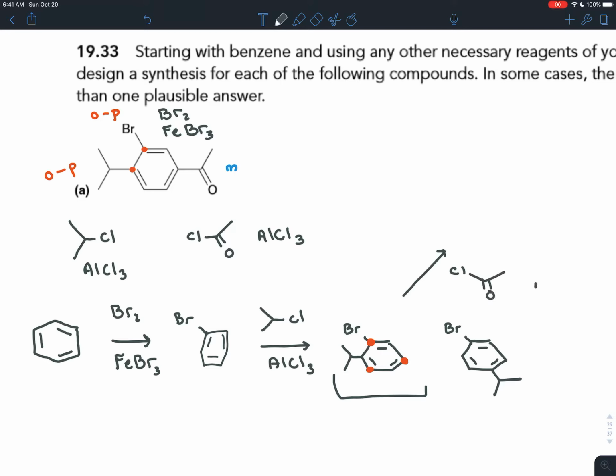So we have our acyl halide, the metal catalyst, and we'll end up getting two products here.